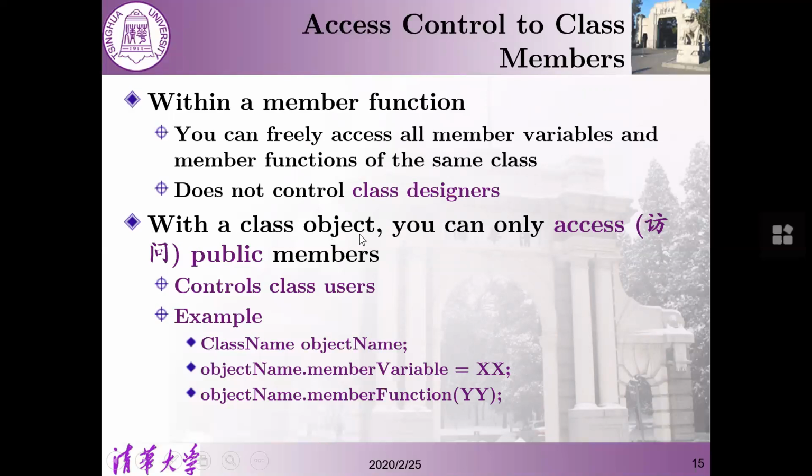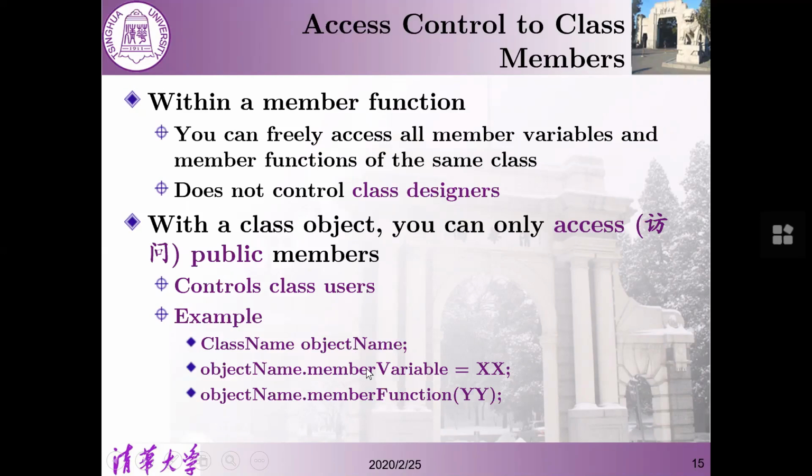Then, with a class object, you can only access public members. So this controls class users. For example, if you are a class user, you will use the class name and define an object. Then you use the object name to access the member variable or member function. These member variables and member functions should be public.